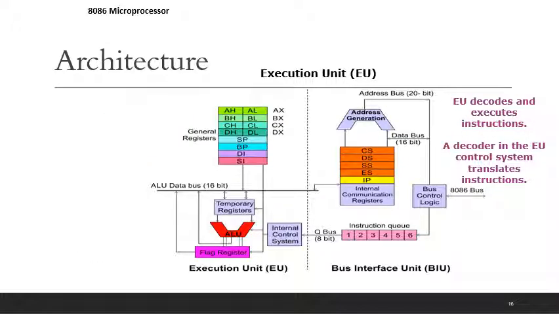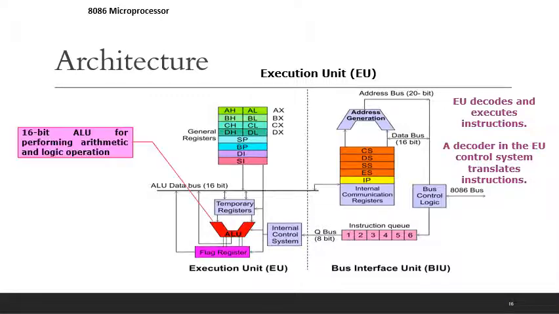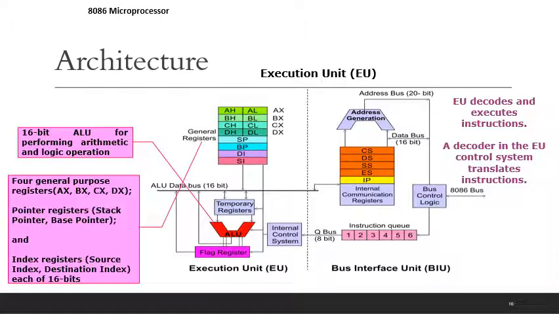Let us start discussing the execution unit now. The execution unit decodes and executes the instructions. A decoder in the execution unit control system translates the instructions. A 16-bit ALU in the execution unit performs arithmetic and logical operations.